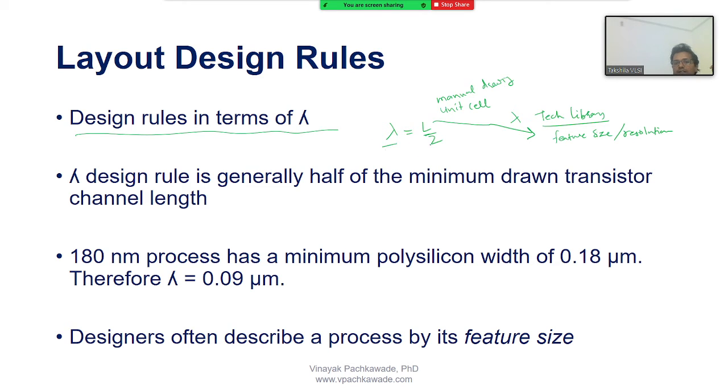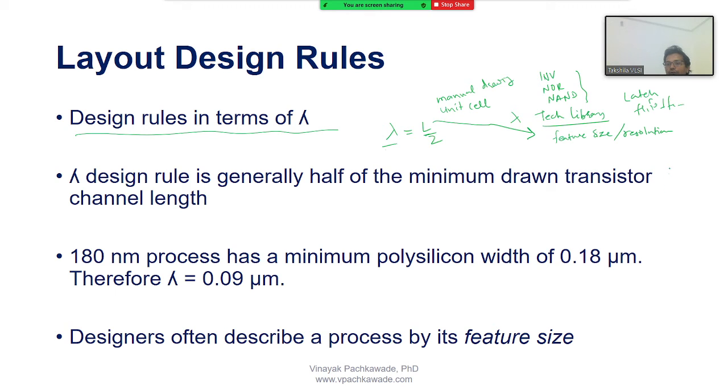Using these simple design rules, if you become an expert at drawing the layout manually of your unit cells, let's say inverter, NOR, NAND, and so on, then you are also good at drawing the layout for latches and flip-flops, and you already know how to use the layers.